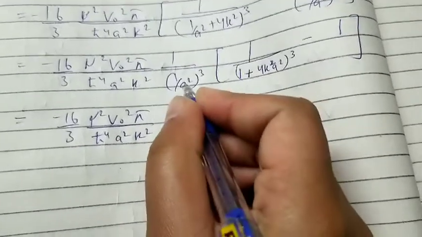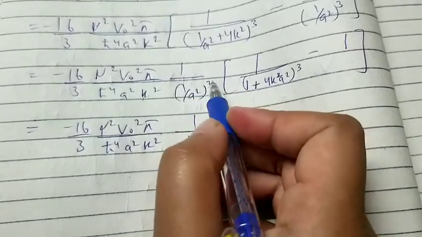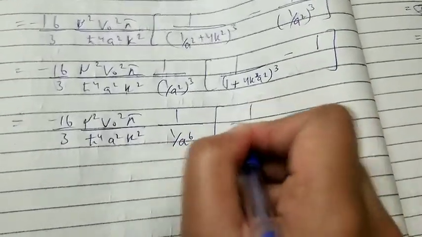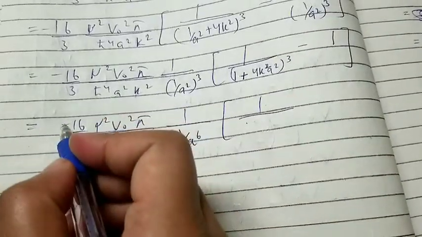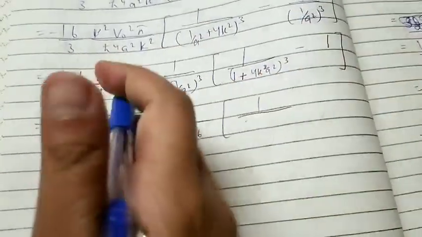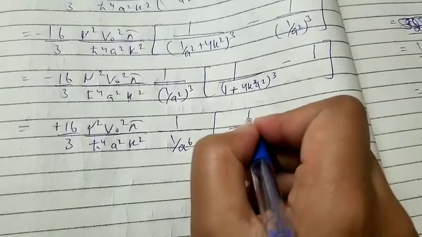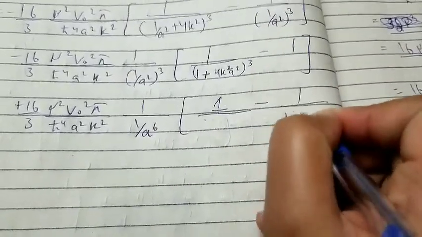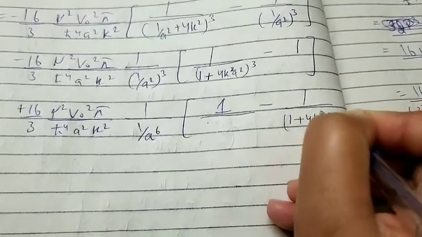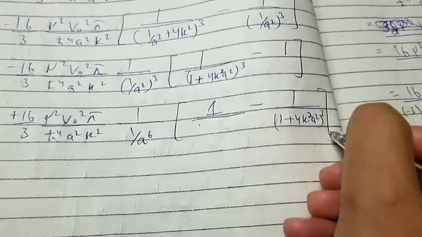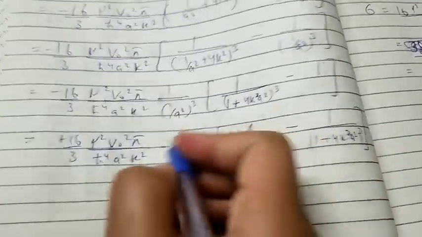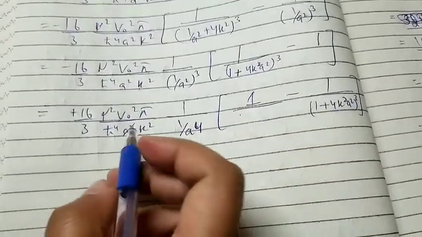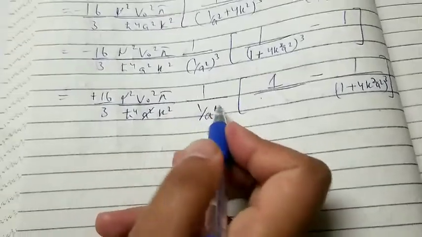Now this is 1 over a to the power 2 with cube, so 2 times 3 is 6. I'm multiplying this negative sign with these two quantities so that here it is positive, so 1 with a positive sign minus 1 over 1 plus 4k square a square to the power 3, and this a square cancels out with this, and the power 4 is left. 6 minus 2 is 4, that is why.